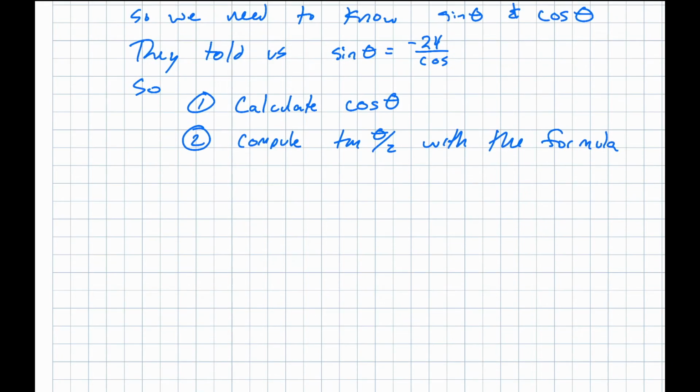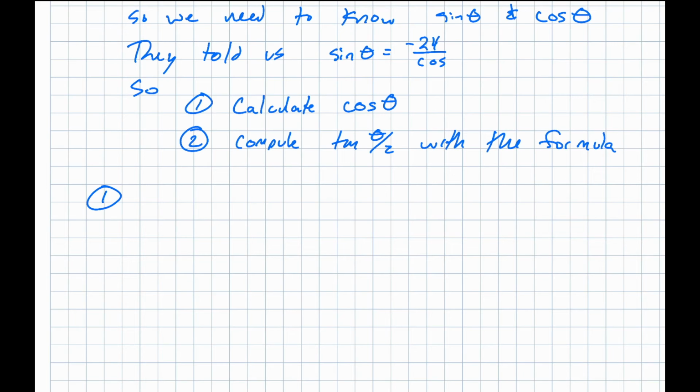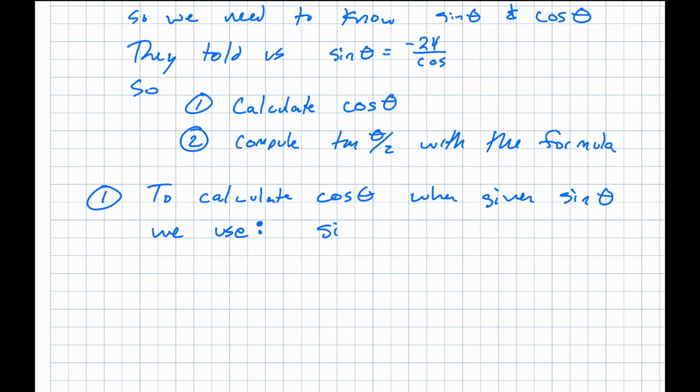Those are our steps to this problem. Let's calculate cosine theta first. To calculate cosine theta when given sine theta, we use this identity: sine squared theta plus cosine squared theta equals 1.